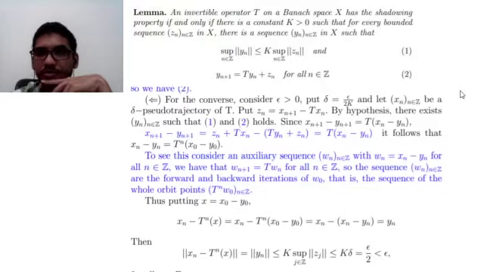Remember that we are going to prove that the operator T has the shadowing property. So in the final step, we want a point that epsilon-shadows this orbit, this sequence. By hypothesis, there exists a sequence y_n such that 1 and 2 of the lemma hold. Remember that we are doing the converse direction.